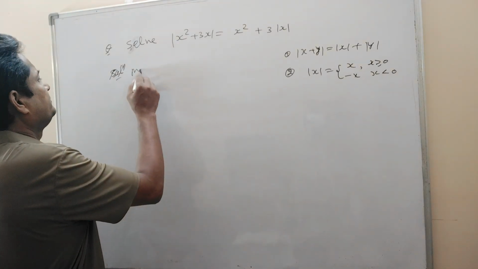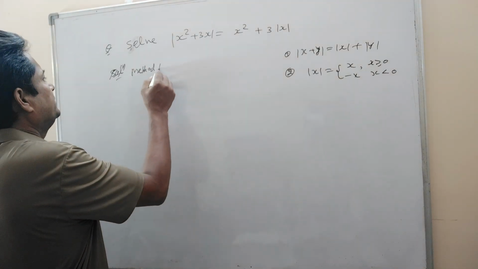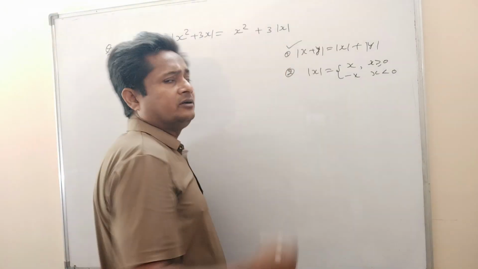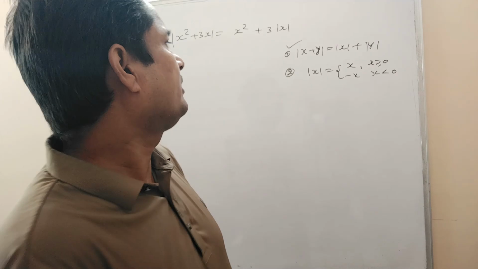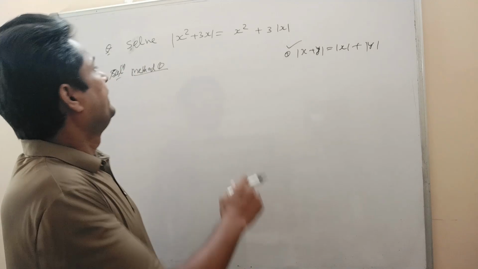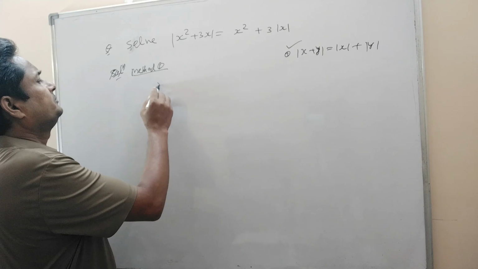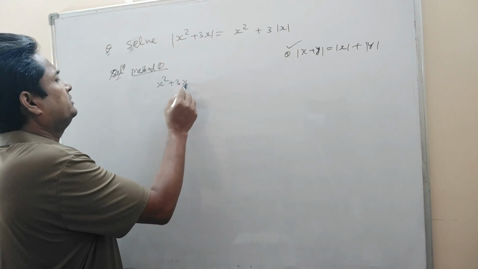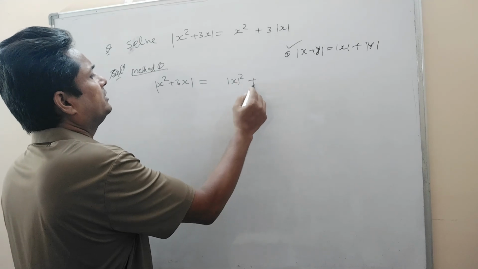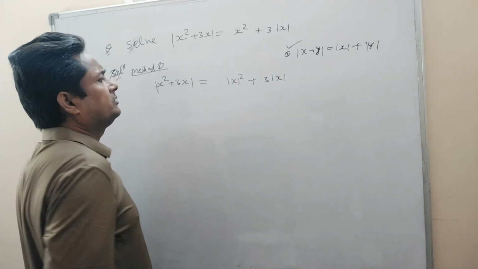Method 1. I am using this property first. So how will you solve this question? See here, this equation mod of x square plus 3x can be written as mod x square plus 3 times mod of x.